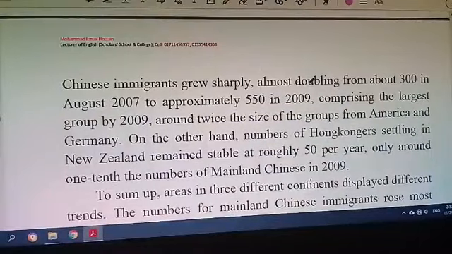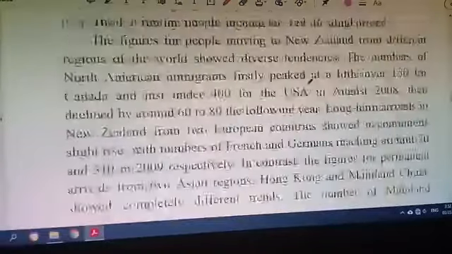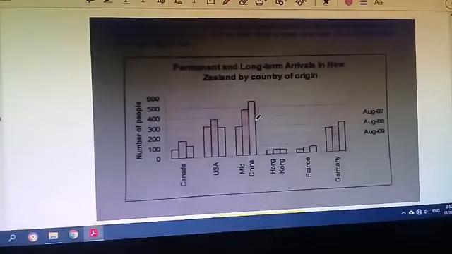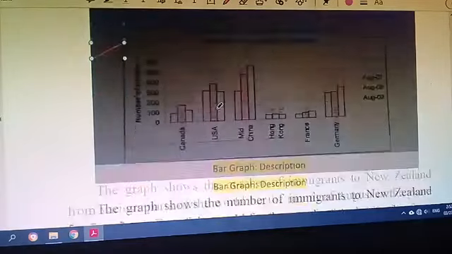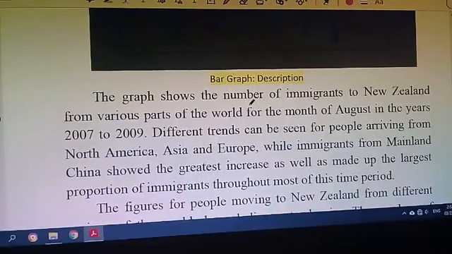And the last section will be your comparative study, and last of all, your opinion. So here you can see the description of the graph which I have shown you.